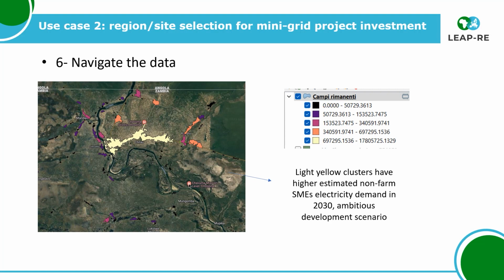So demonstrating how the SMEs demand is distributed within different clusters within the regions that we are studying, and how different settlements have higher or lower estimated demand, and how much specifically this demand is.